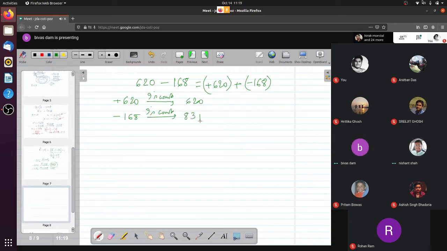Now, basically what you are doing is r to the power n. By the way, this 620 is as if your x, and this is your minus of y.